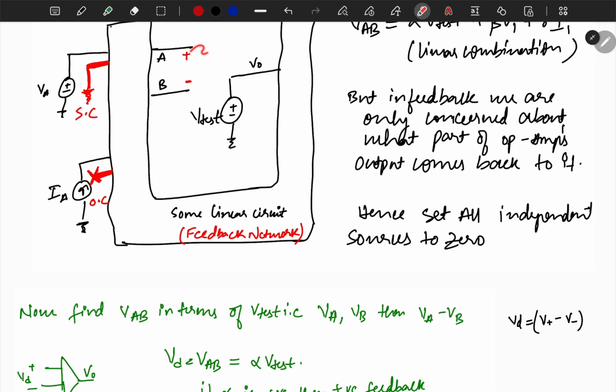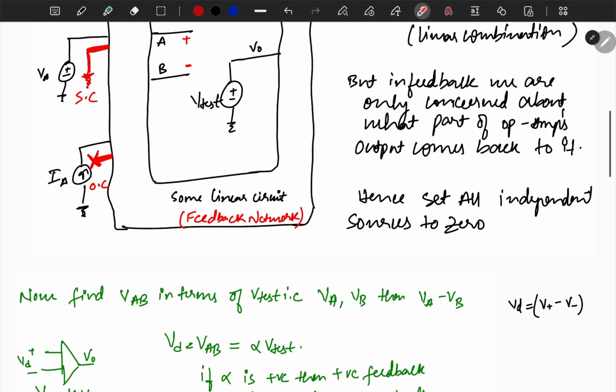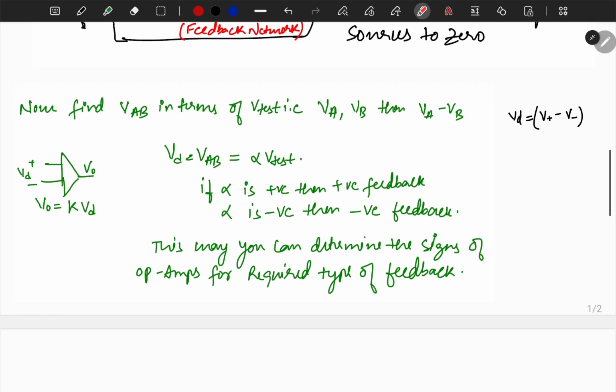So what happens when we increase VAB? When it increases, it is multiplied by the gain of the amplifier, gain times VAB, which in turn increases V0, and this loop will follow, and the output voltage will finally settle to either VDD or VSS, depending on how we are applying. Okay, so it is clear that when alpha is positive, it is positive feedback.